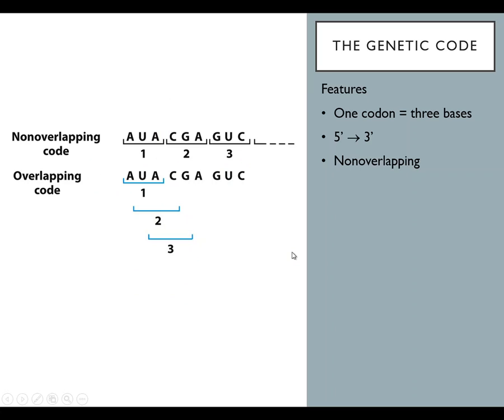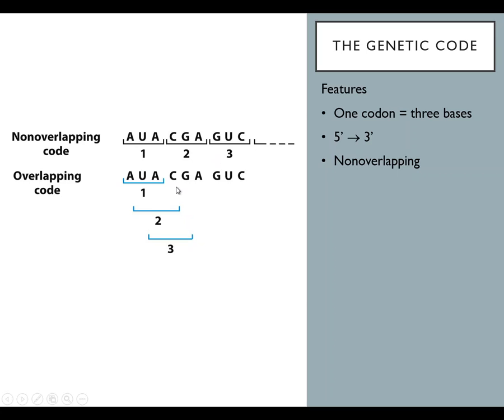Another important feature of the genetic code is that it is non-overlapping. So each 3-letter codon is its own codon, and the second codon in a sequence starts with the fourth base, and the third codon starts with the seventh base, and so on.